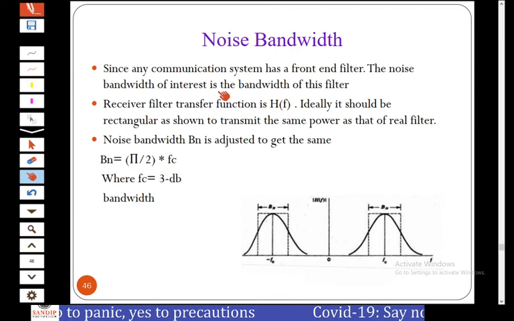Generally this filter is taken as rectangular, because we put the cutoff frequency into it. Noise bandwidth Bn is adjusted to get the same power, and that is Bn equal to pi by 2 multiplied by Fc, where Fc is the 3 dB cutoff frequency.